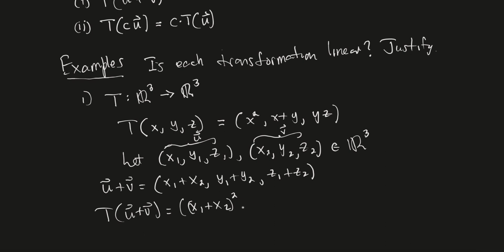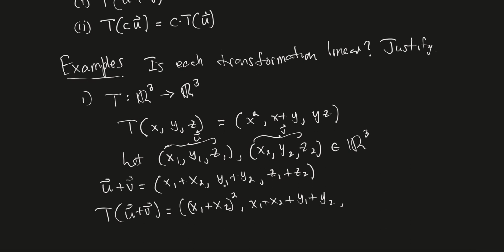And then what does it do for the middle component? It takes the x and adds it to the y. So it's going to take x1 plus x2 and add y1 plus y2. So x1 plus x2 plus y1 plus y2. And then what does it do for the third component?